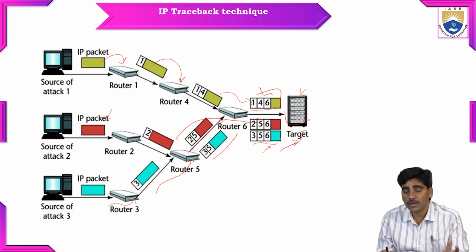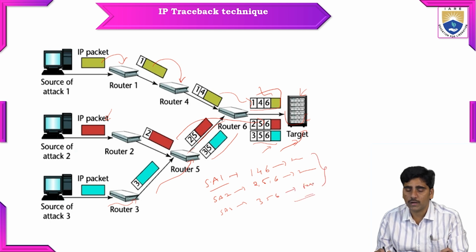Here we mentioned each path: attack 1 path is 1, 4, 6; attack 2 path is 2, 5, 6; and attack 3 path is 3, 5, 6.